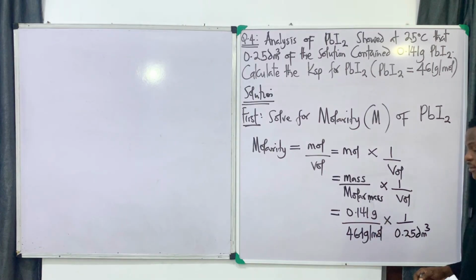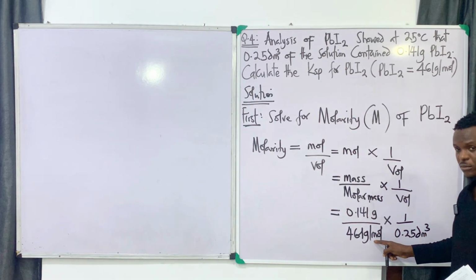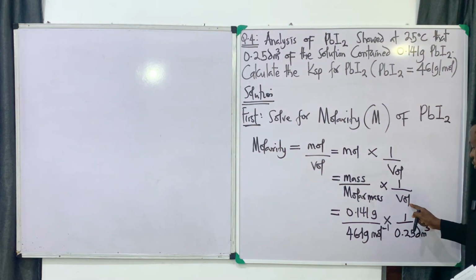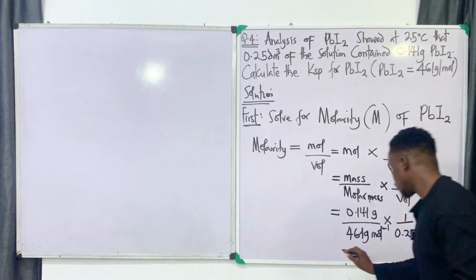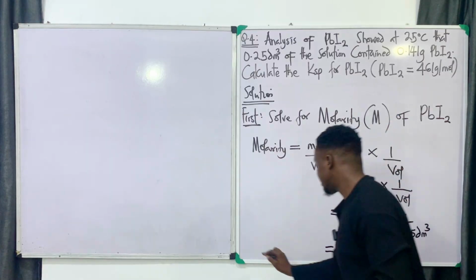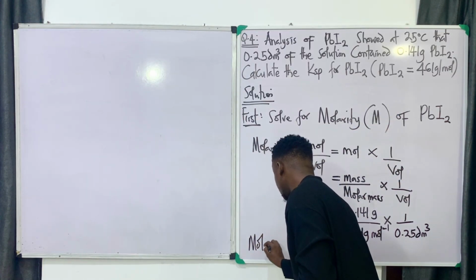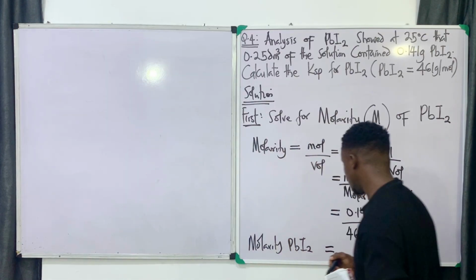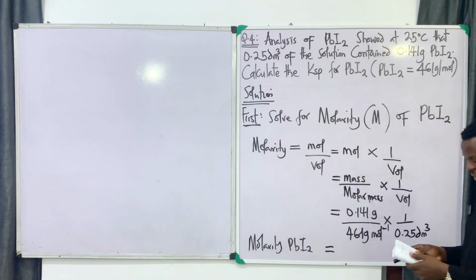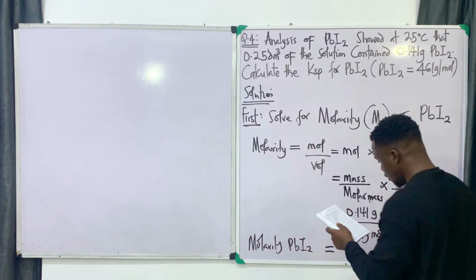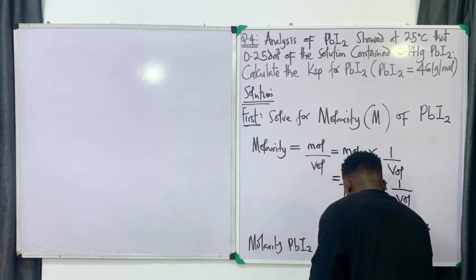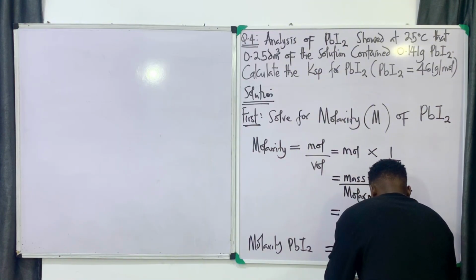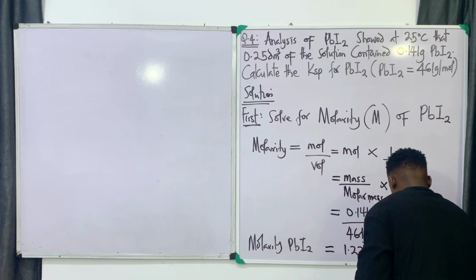Class, grams will cancel grams. This is per mole, which is equivalent to saying when per mole comes up, it now becomes mole. So the molarity of PbI2 will now be, when you carry out this evaluation, equals 1.22 times 10 raised to the power of minus 3 molar.